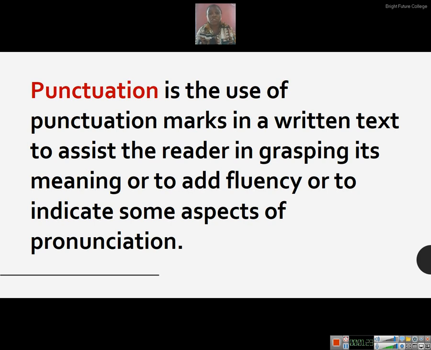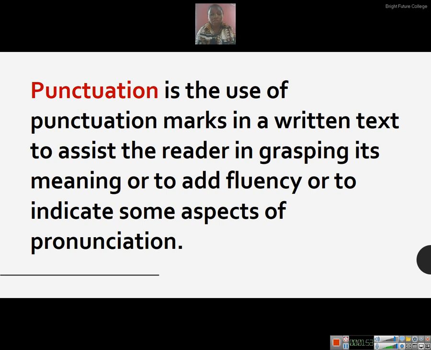So punctuation is the use of punctuation marks in a written text to assist the reader in grasping its meaning, or to add fluency, or to indicate some aspect of pronunciation. So when you use punctuation marks, that means you are punctuating. And you must use punctuation marks so that it can help your reader to understand what you have written.